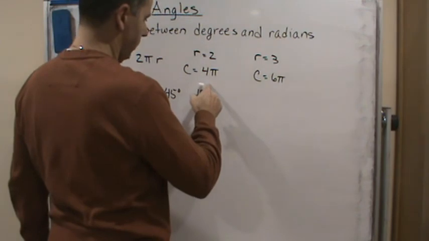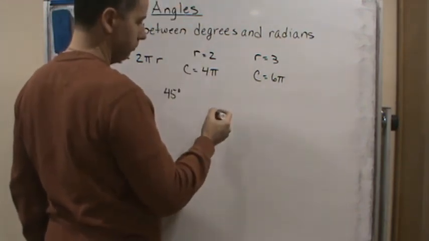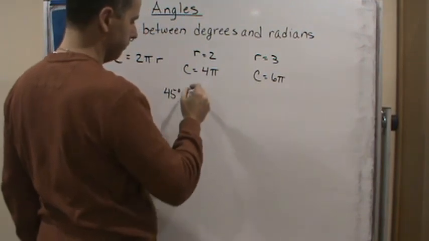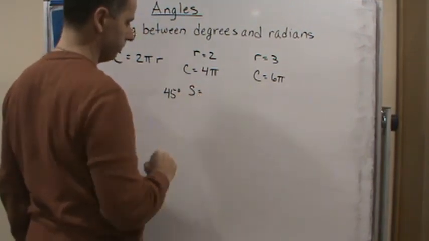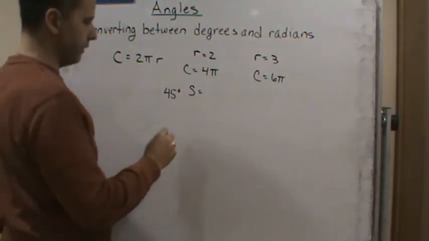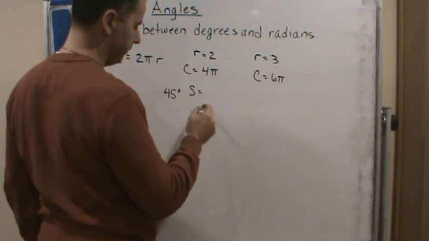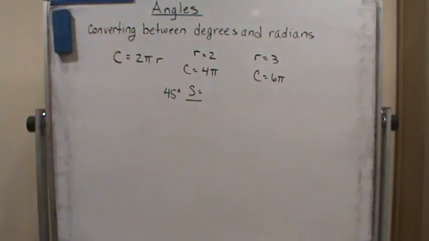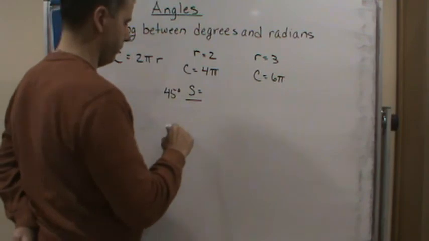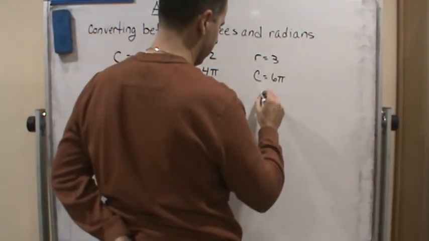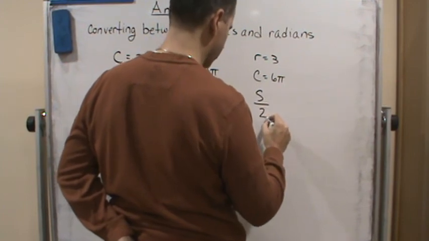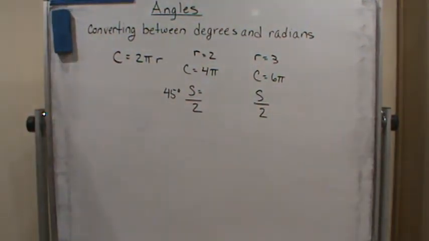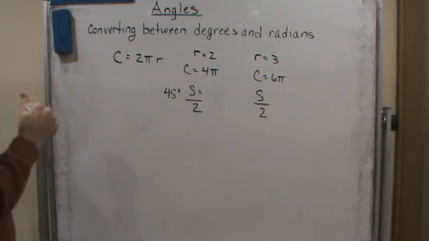So if we take the arc length for this one, and we divide it by the radius, what do we get here?